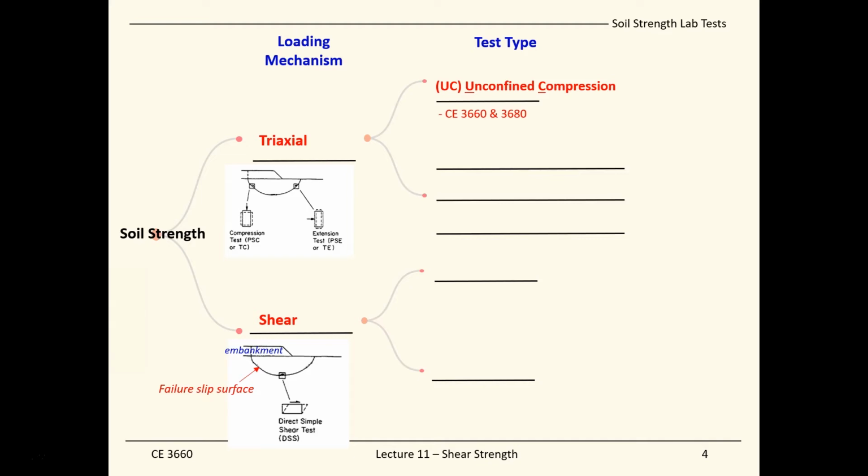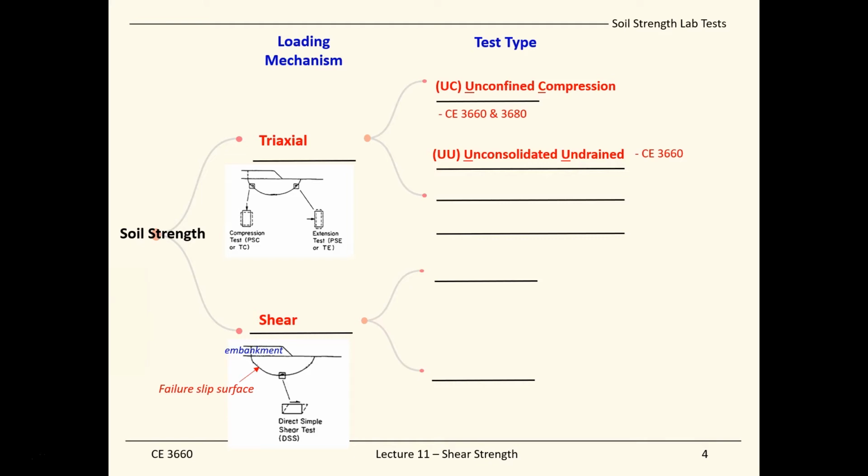In short form, we call this the UC test, taking the first two letters of unconfined compression test. The next level of triaxial testing is the one that is confined. Unconfined compression means there's no horizontal stress, sigma 3, added on the soil specimen. We'll talk about this more when we get into the details of each test.